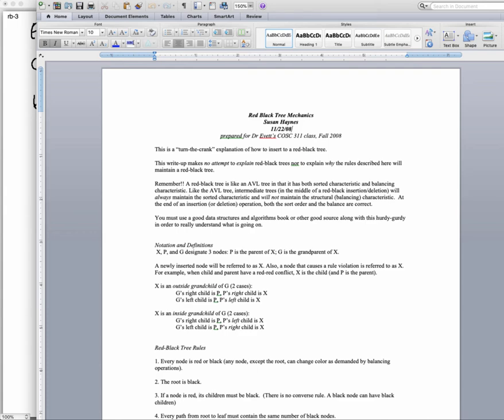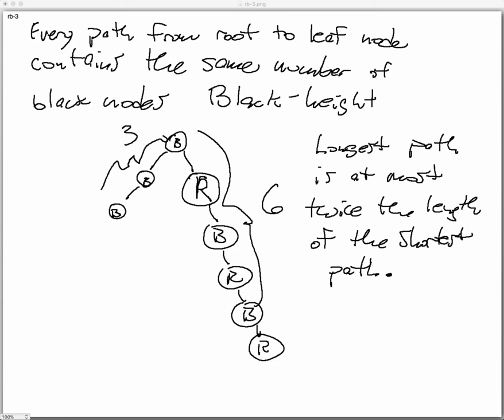So we can never have the case that there would be 2 reds in a row. So at the very longest, we can have these alternating like this. And again, this would be at most twice as long as that one over there. That's the whole desirable property of these things.